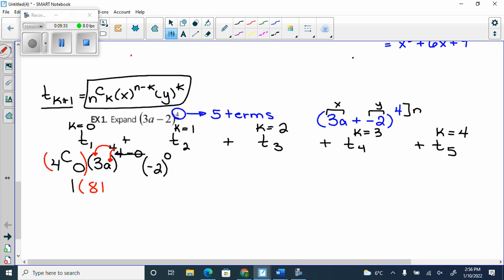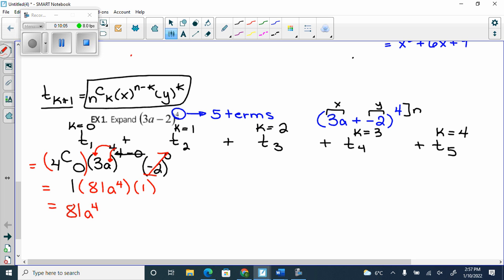This is multiplied by this, is multiplied by that. 81a to the 4. And then what's negative 2 to the 0? What's anything to the power of 0? 1. So it's actually times 1. So what is my first term? 81a to the 4. So once I expanded those two binomials out, then distributed the two trinomials, when I would get them in descending order, my first one would be 81a to the 4.